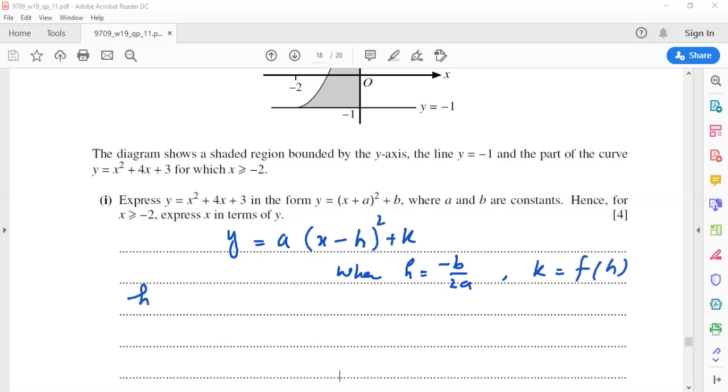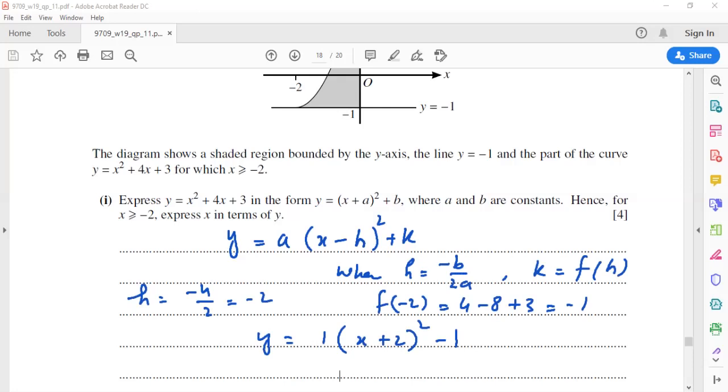So h is going to be minus 2. And f of minus 2 is 4 minus 8 plus 3, which is minus 1. So the equation becomes y equals 1 times x plus 2 whole squared minus 1.